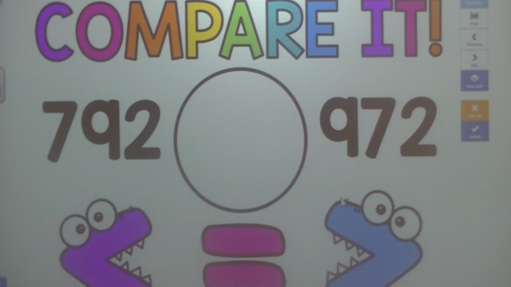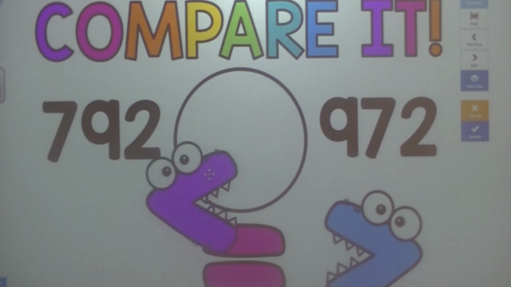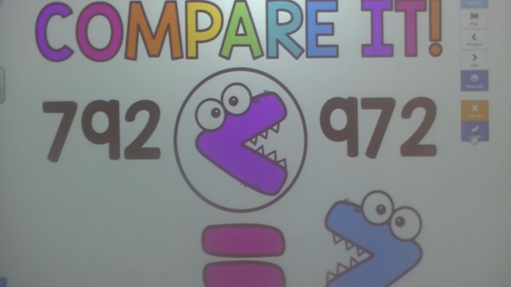Are they the same? No, so we can compare there. All right, what is greater, 700s or 900s? 900s, so we drag them out. That will gobble up the greater number and click Submit Answer.